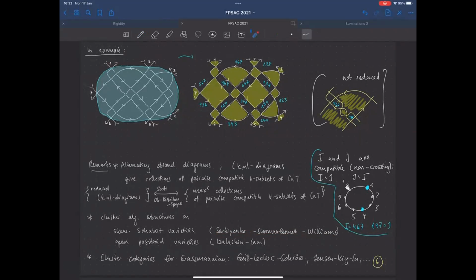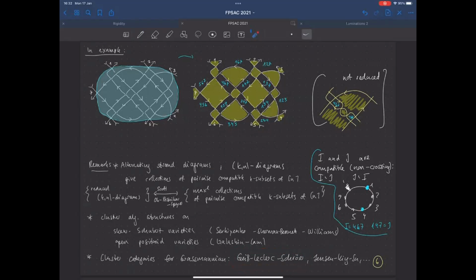And so that's on the cluster algebra side, but there's also a lot of work, and I'm not citing everything. This is just 2 examples. So there are cluster categories for Grassmannians and for related categories. And the first example is by Geiss, Leclerc, Schröer, who have a categorification of this cluster algebra structure using preprojective algebras.